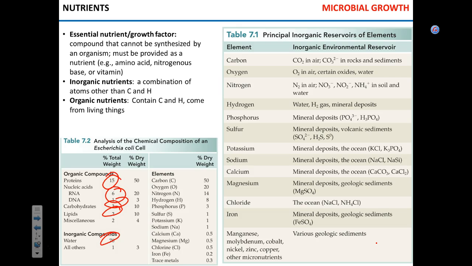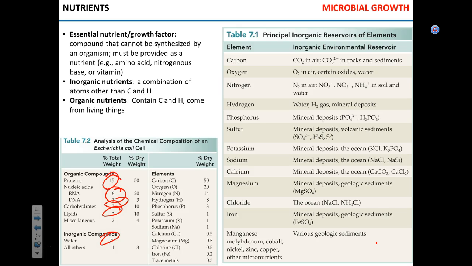Now, proteins, carbohydrates, lipids. What is the main chemical element that is common for all of them? They're all organic molecules, which means they all have carbon. Okay.